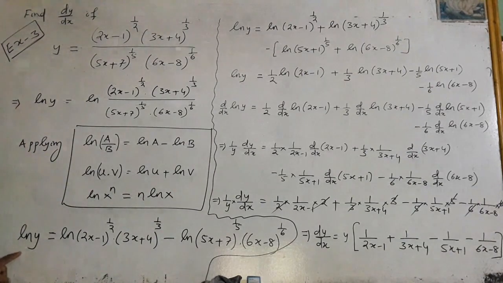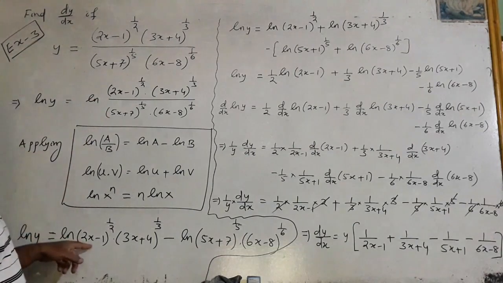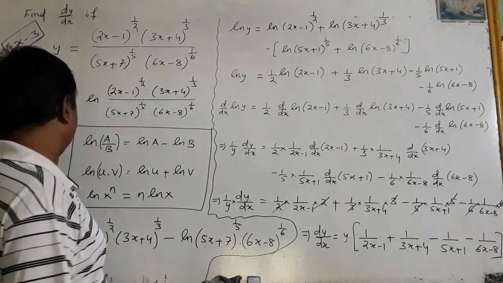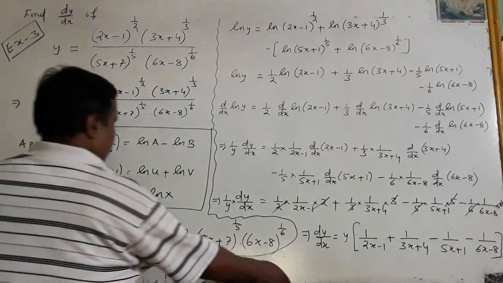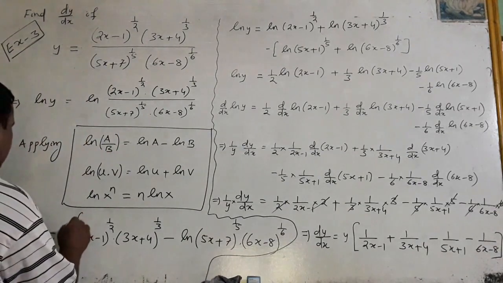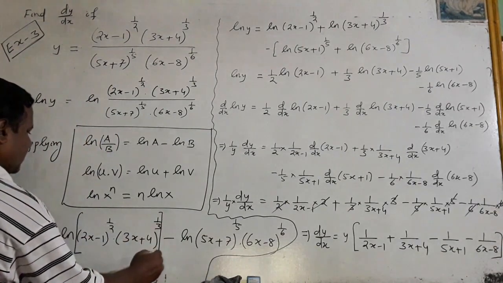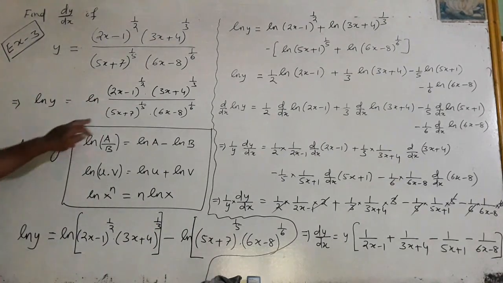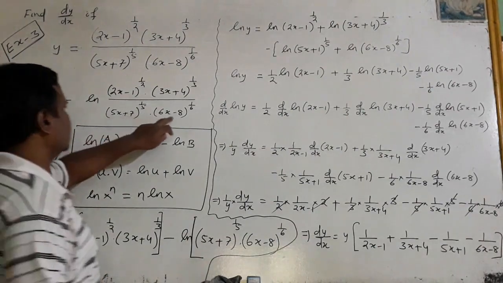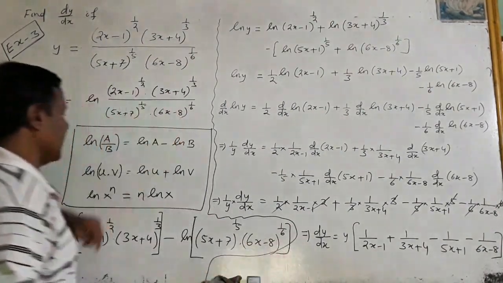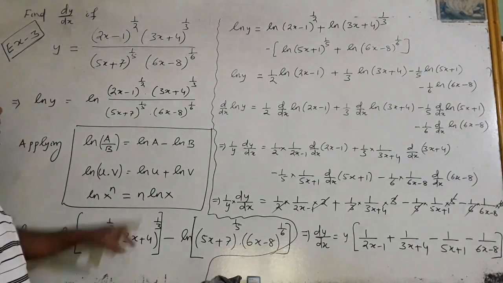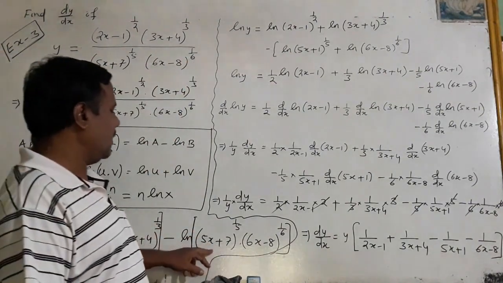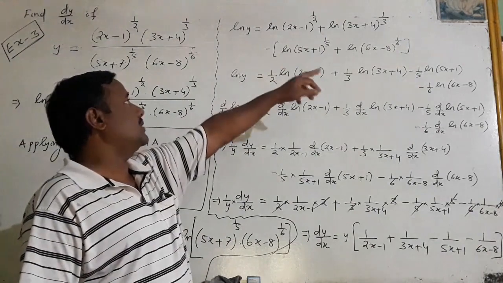Now ln y is equal to ln of (2x minus 1) to the power half into (3x plus 4) to the power 1 by 3, which is the numerator part, minus the log of the denominator part, (5x plus 7) to the power 1 by 5, (6x minus 8) to the power 1 by 6. Now again apply log of u into v, which is log u plus log v, the same formula.